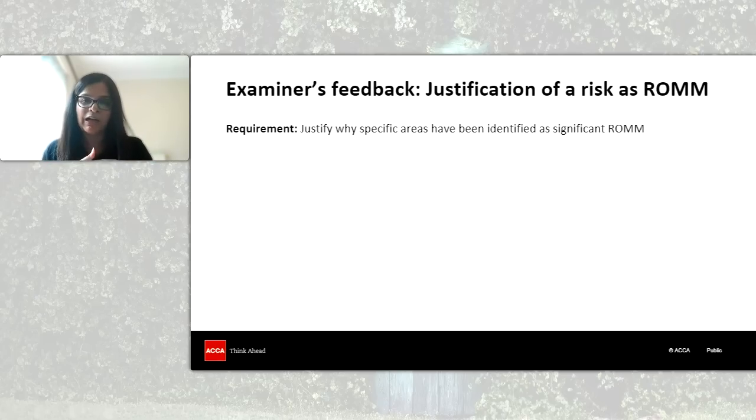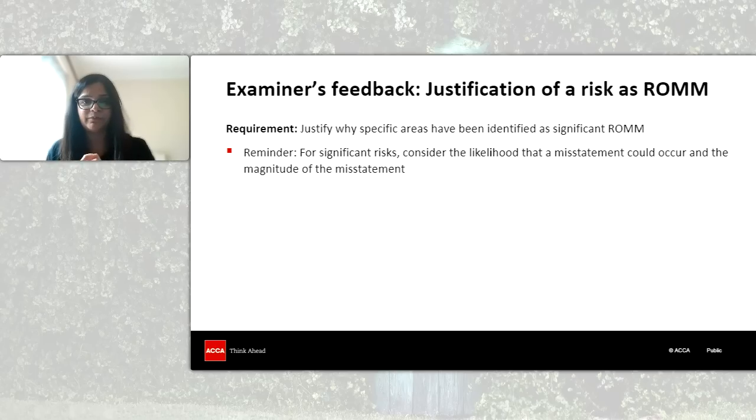Now, this time around, there was a whole 14-mark question on a justification of why 3 significant areas had been identified as a significant risk of material misstatements. So again, something that we weren't very familiar with, but the best part is this is very simple.